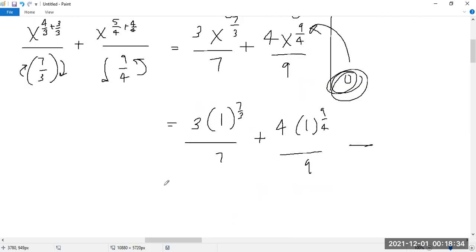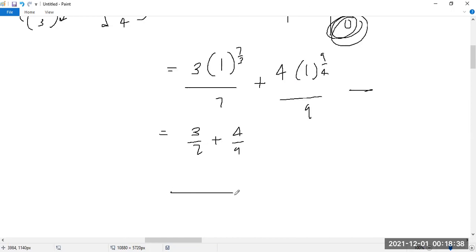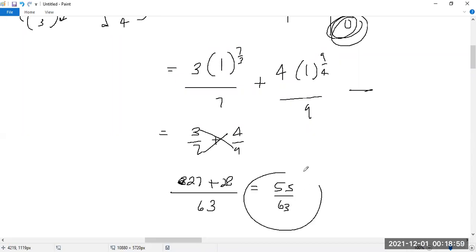So you're just doing 3/7 plus 4/9, which is 63. 9 times 3 is 27. 7 times 4 is 28. 27 plus 28 is 55. So 55/63 is your answer.